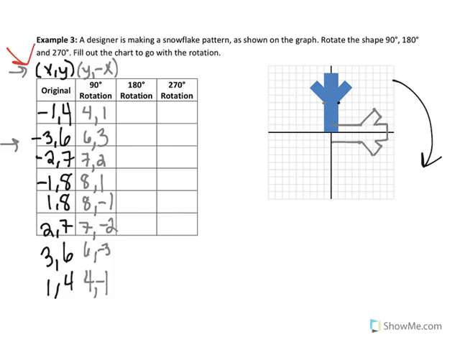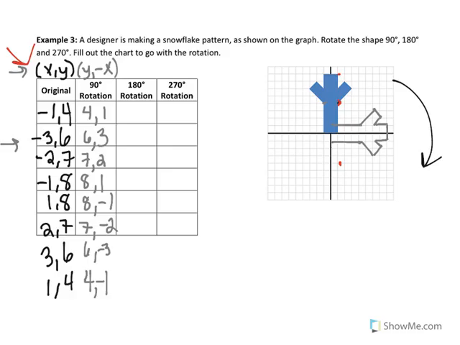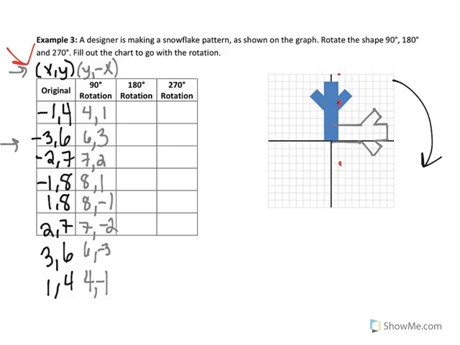So let's go 180 degrees. So let's flip this point. Let's do this point again. So instead of being up here, it's going to be down here. Oh, I screwed it right up.